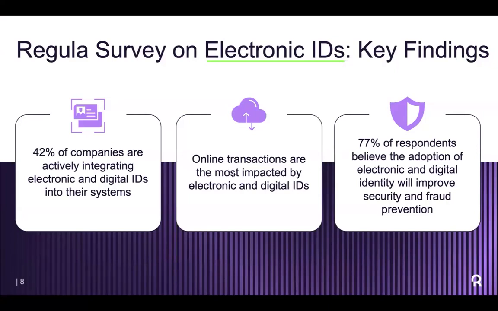The figures from this survey confirm the importance of these IDs. 42% of companies are actively integrating digital and electronic IDs into their systems. Online transactions will be most impacted by them, and they are now. 77% of respondents expect these types of IDs to improve their security infrastructure and fraud prevention capabilities.